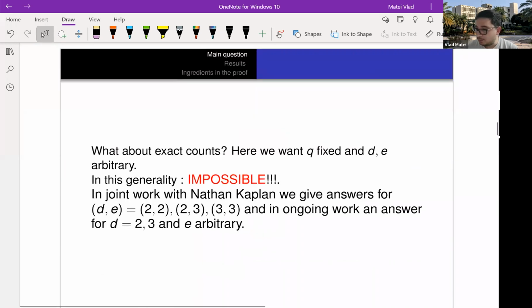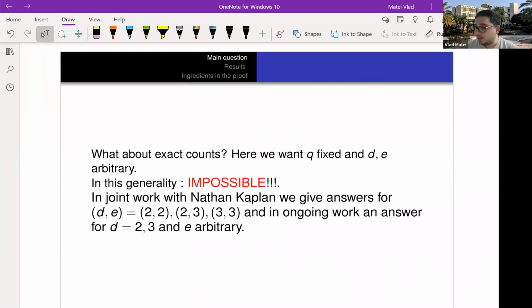But at least in work with Nathan Kaplan, we can give some answers to this question. So initially we did this using some very different techniques, as you'll see for these cases. Like these are very low degree cases. But actually, it turns out that we can soup it up to make it a low degree case and arbitrary degree.